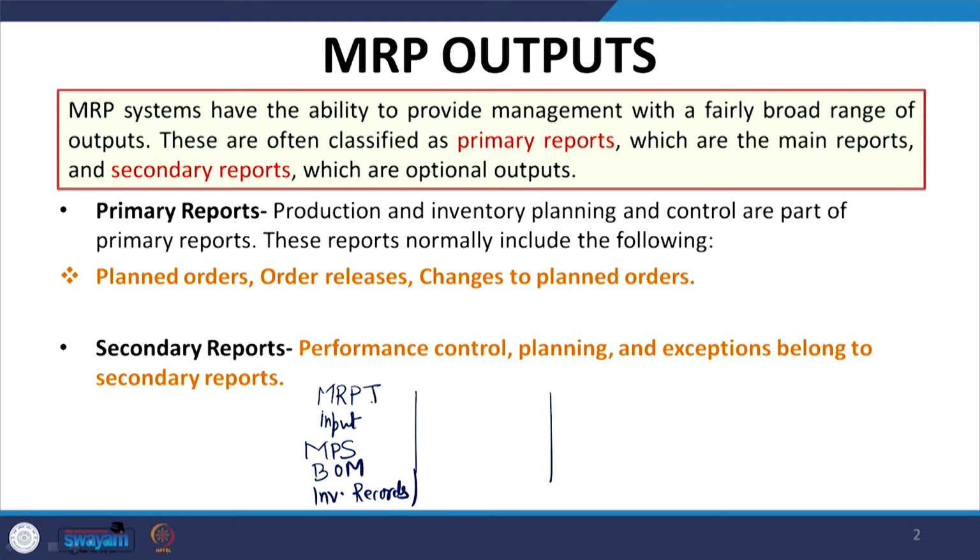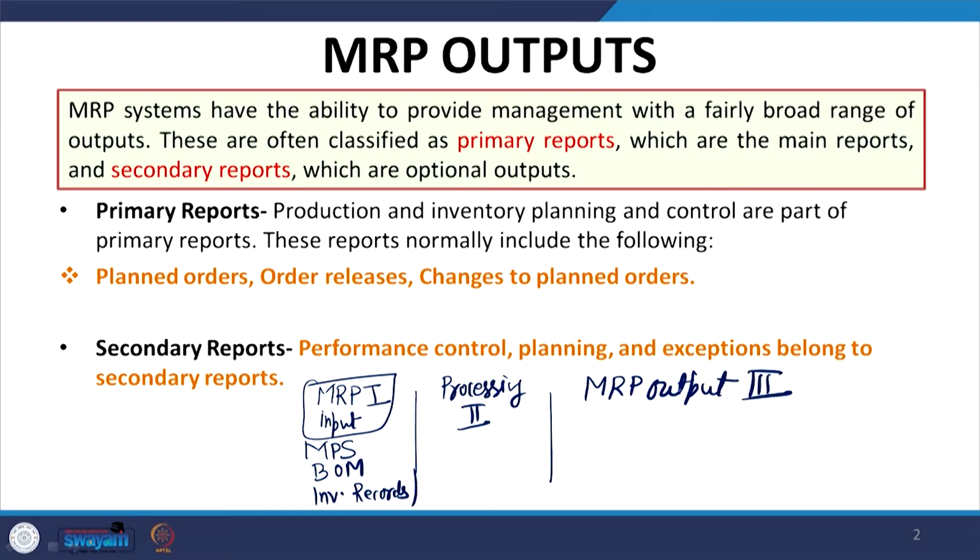Then processing, that is the second part, and the third part is MRP output. So, these are the three important components in our MRP discussions.